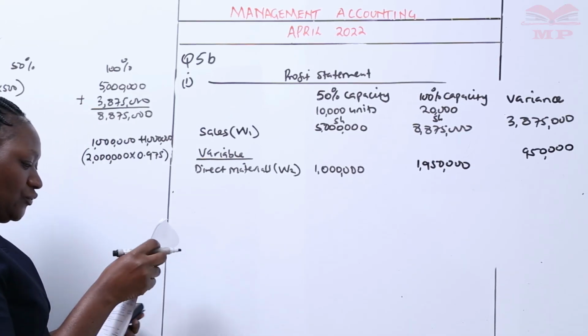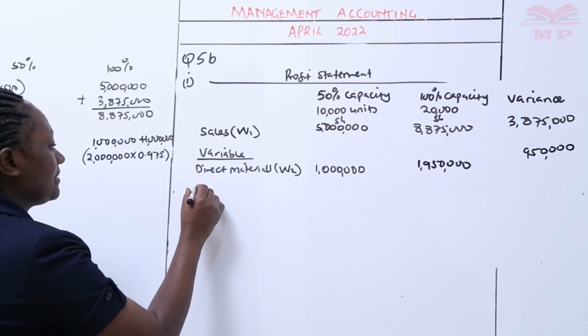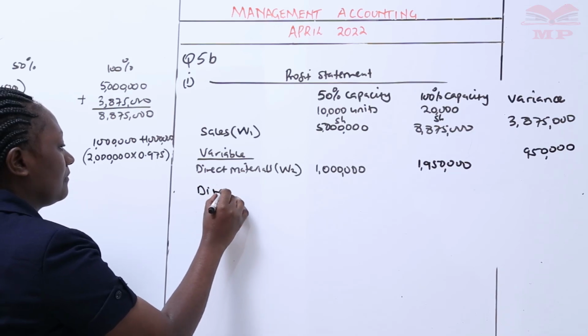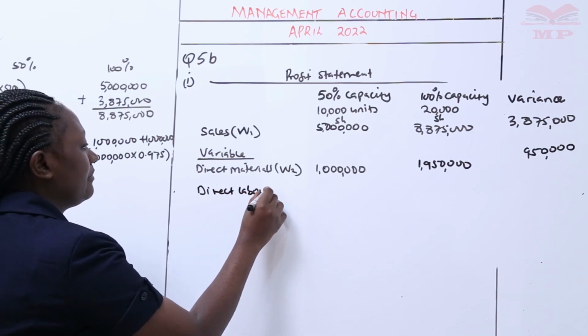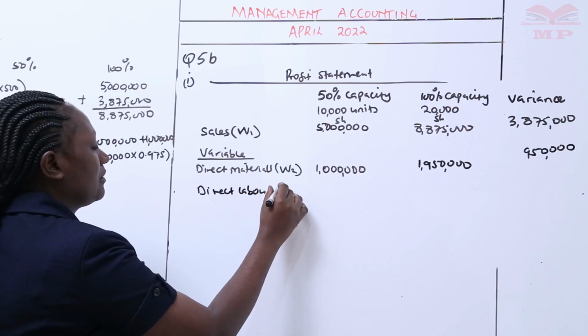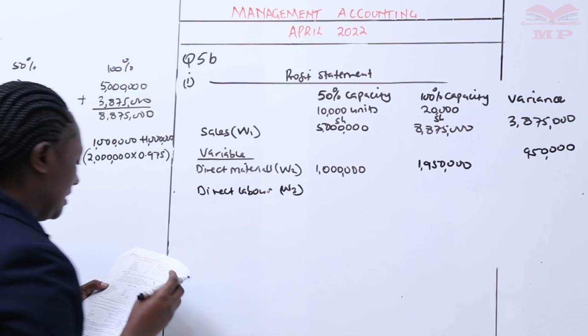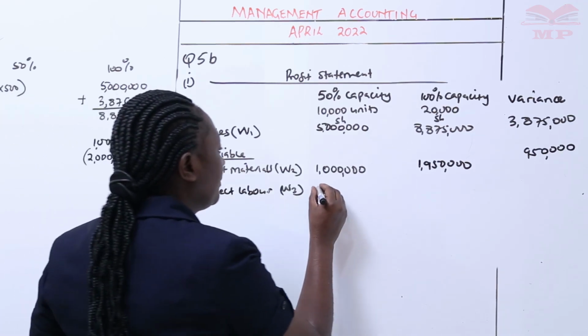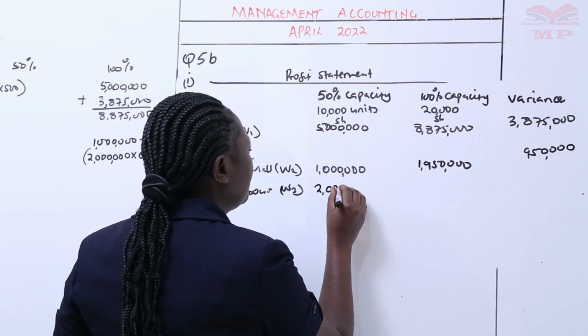We move on to direct labor, working number 3. At 50%, we are already given the direct labor represented by wages of 2 million. So we already have 2 million.